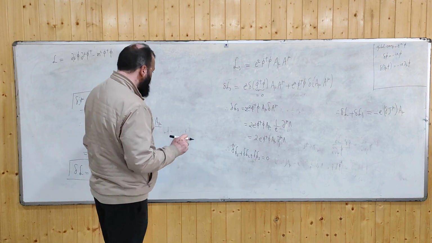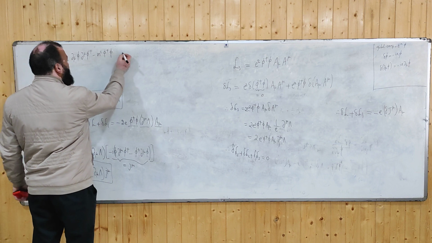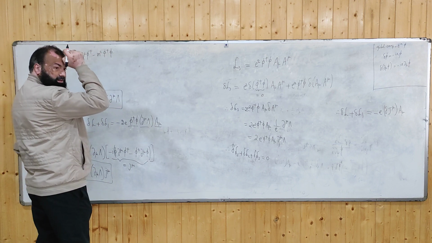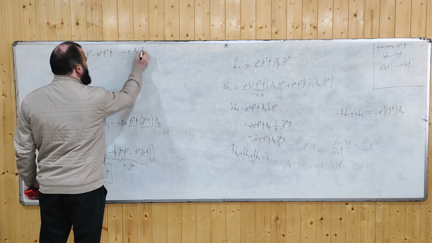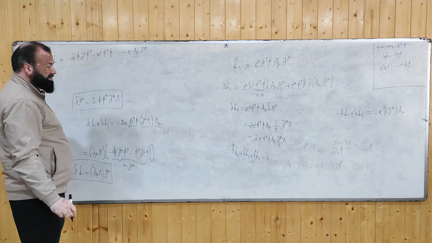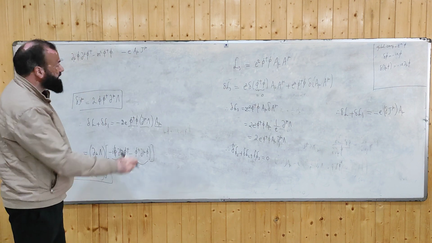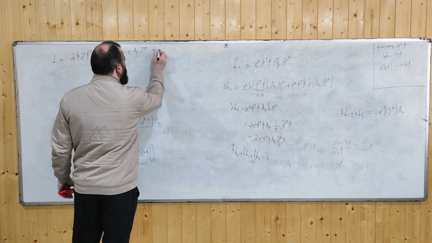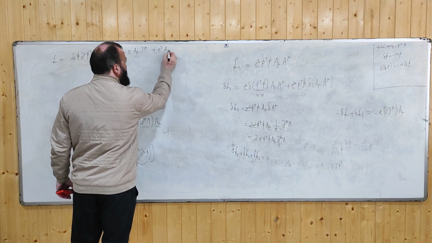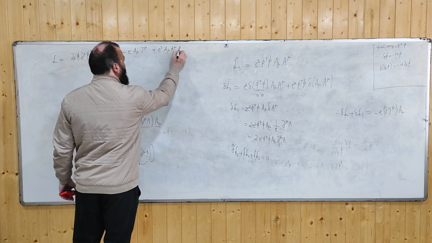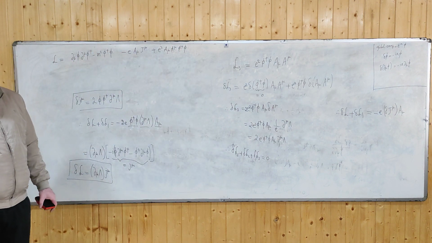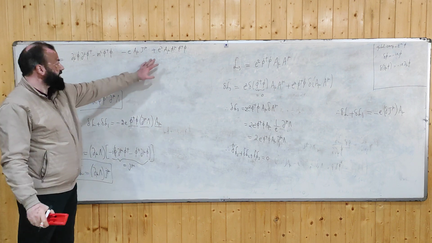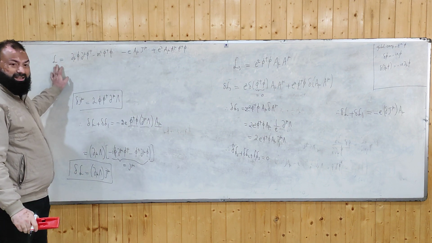Minus E A mu J mu. Clear? So that is the coupling with the current. Then what we have added is plus E square A mu A mu phi dagger phi. Clear? So these are the terms we have. These two terms we have added to make this Lagrangian invariant.